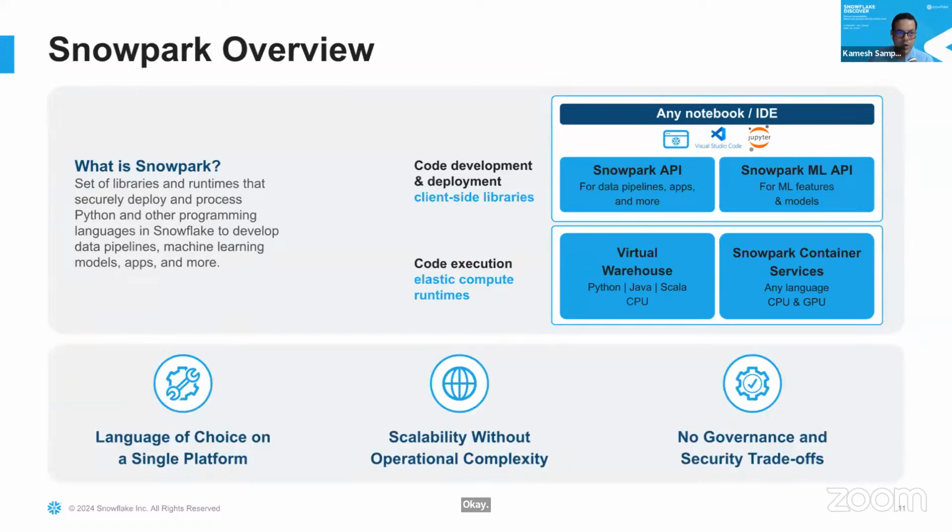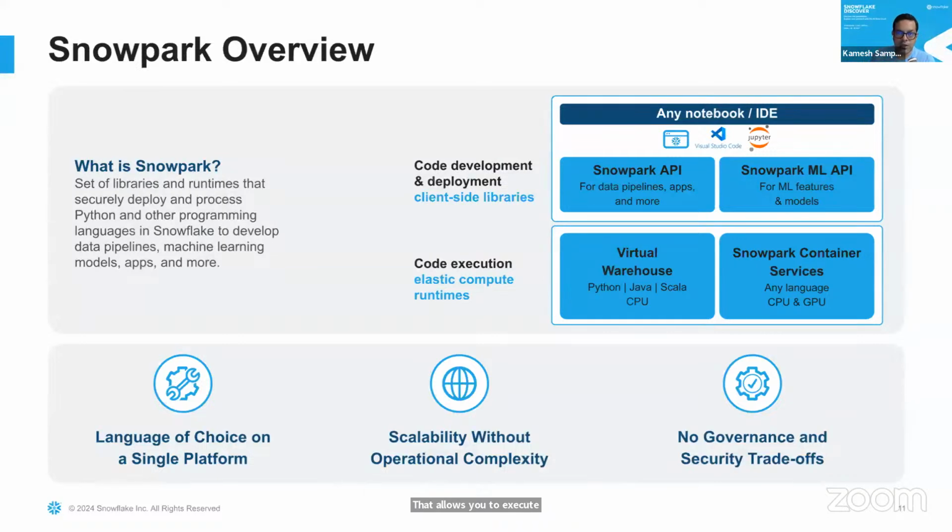If I can summarize, Snowpark gives you a language of choice in a single platform on Snowflake. I can use Java, Python, Scala, whatever you want to execute. We even have SDKs for all common languages. You can pick up those SDKs and work. And then we have scalability without complexity, right? The architecture that I showed you a couple of slides earlier allows you to execute these things really, really well.